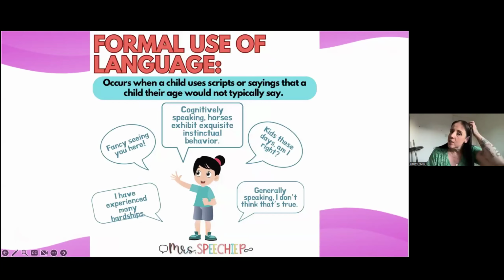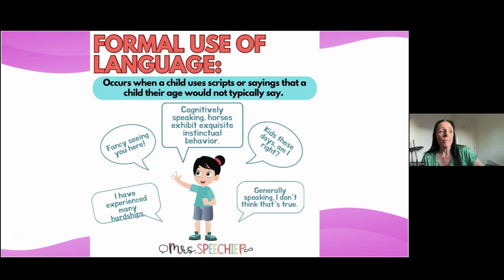You may also see these children just speak in a way that doesn't sound like a child might usually speak. So they might say something very scripted, like "fancy seeing you here," or "kids these days, am I right?" Or generally speaking, I don't think that's true. So there is a little Gestalt language processor in my daughter's school.